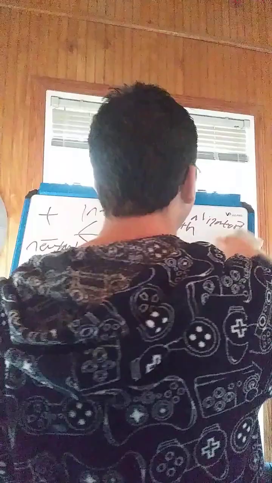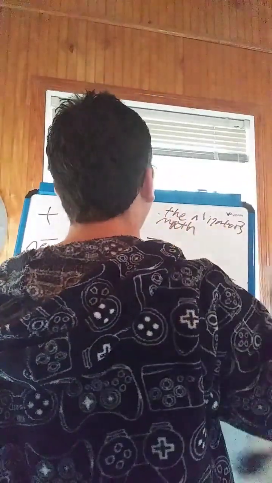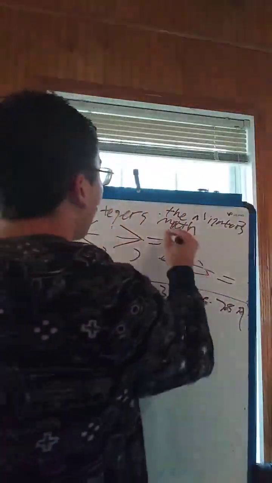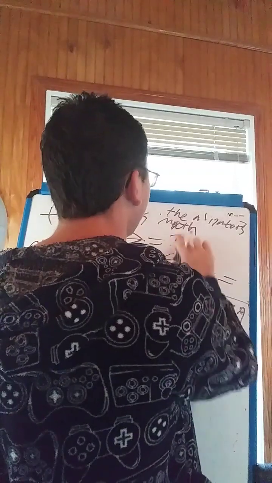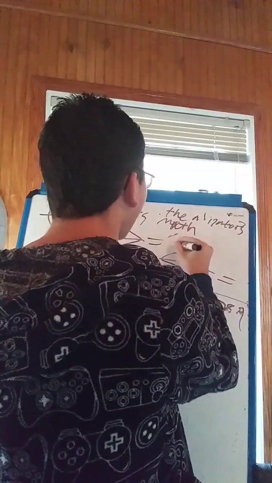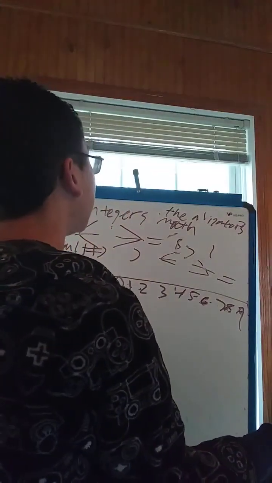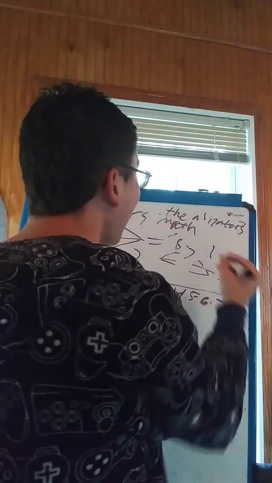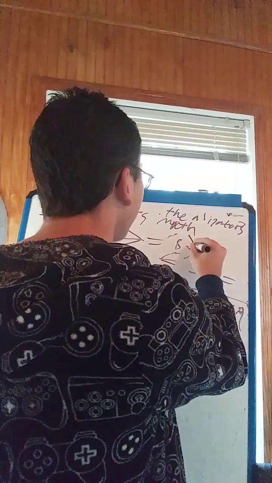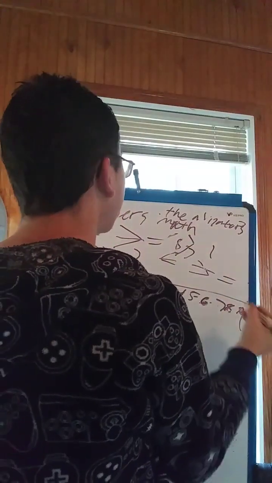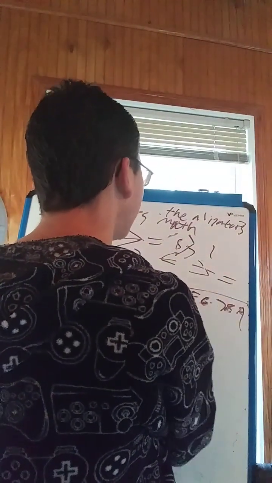So that's 1. Now let's do one more so that you can see what I'm talking about. Let's use another number: 8, and then 1. Which one is greater than the other? Well, 8. So you would draw the mouth to 8, or positive 8, because both of these are positive.